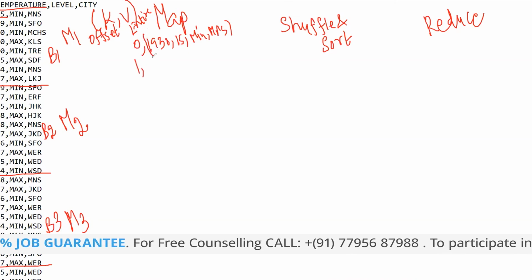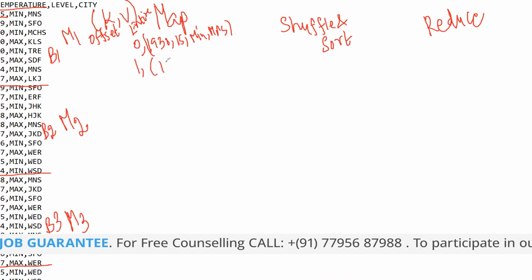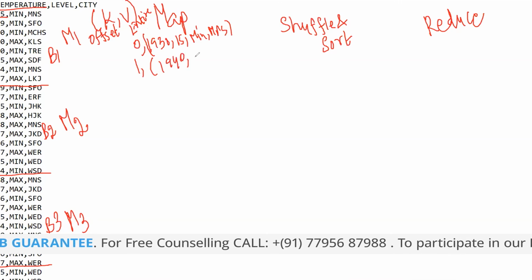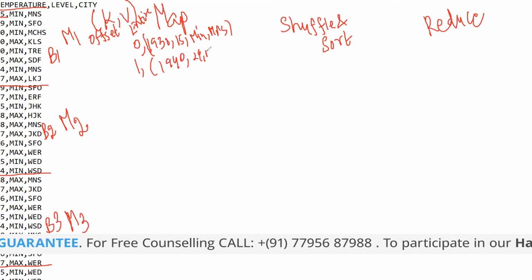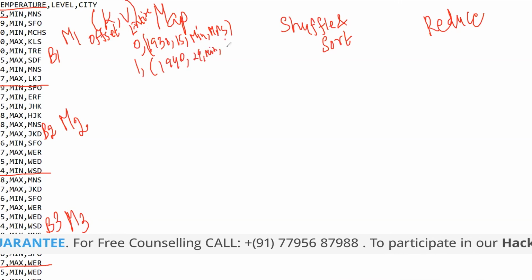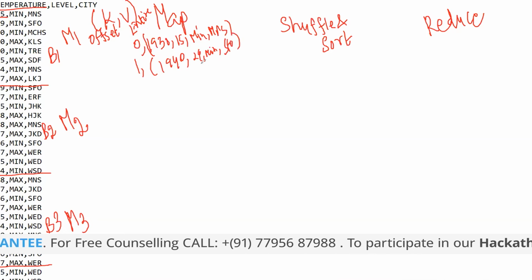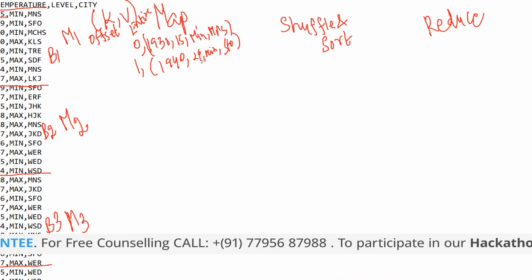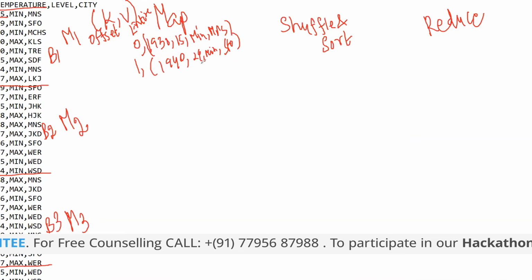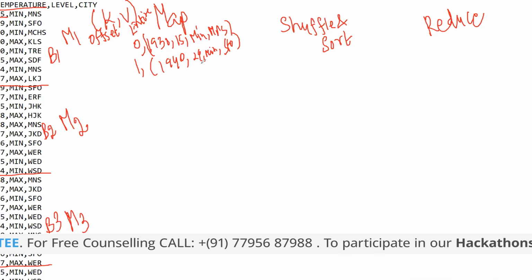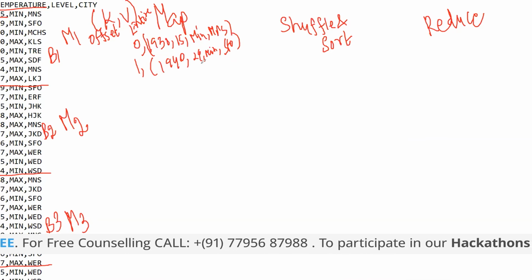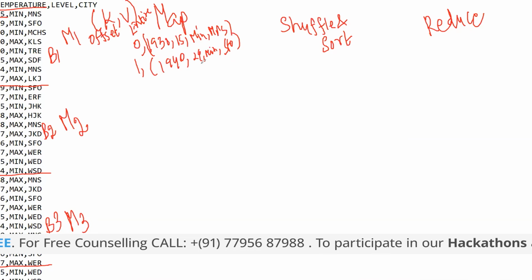Now for the second record, again it will write 1940, 29, min, SF. Like this, for every row inside your first block, M1 will read the file and convert it into a key-value pair, wherein the key is your offset and the value is the entire record.